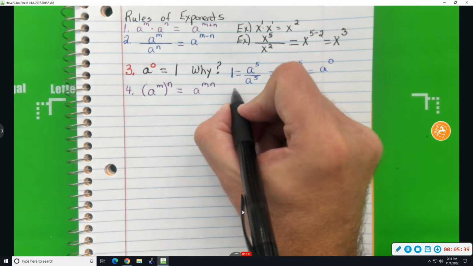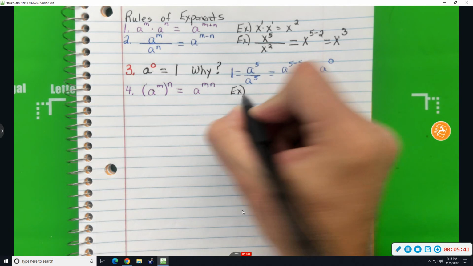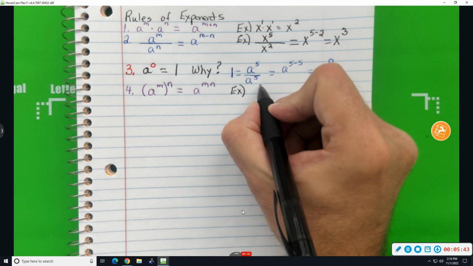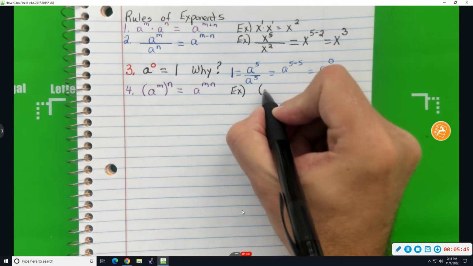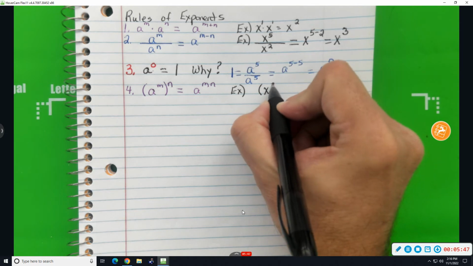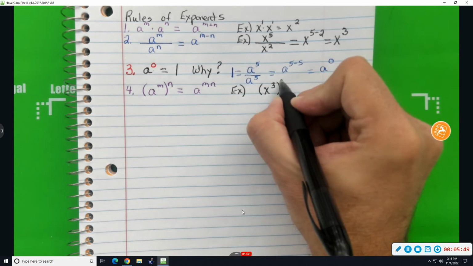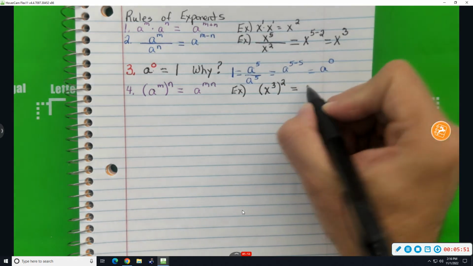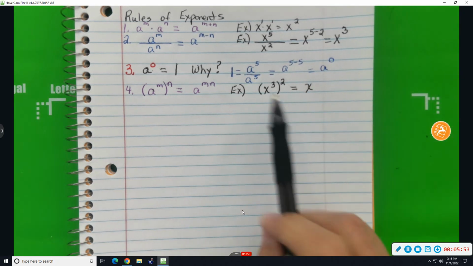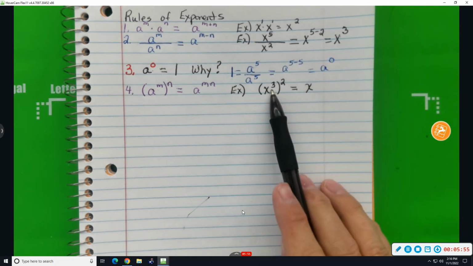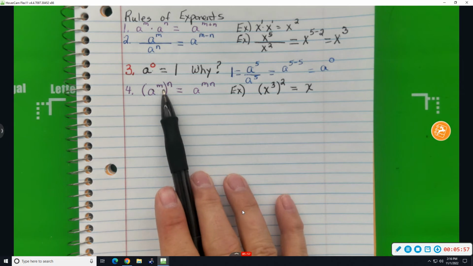For instance, if we had x to the third squared, what am I saying the answer would be here? How do you raise one power to another? What is Rule 4 saying? Multiply.